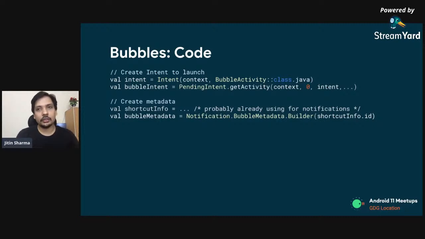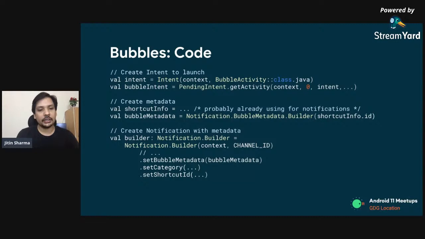Here again, we use the shortcut info, which we explained in our previous section. Similar APIs you have to use when you work with bubbles. In the notification, you create a bubble metadata with a builder where you can pass the shortcutInfo.id, and then push the notification using the notification builder. You just have to set the bubble metadata and the category, and then your activity should be available as a bubble.